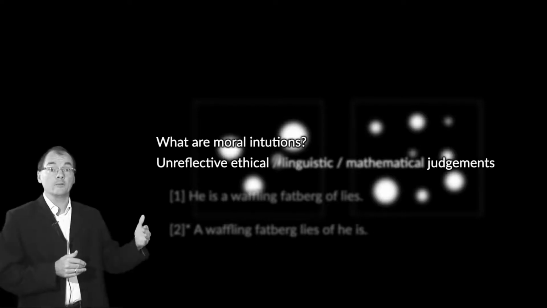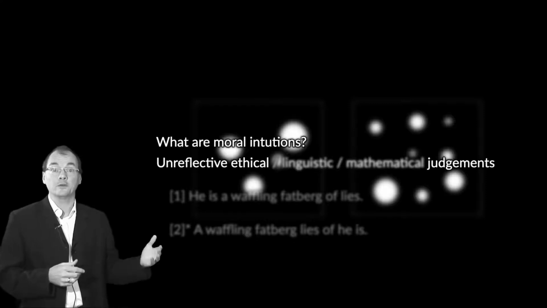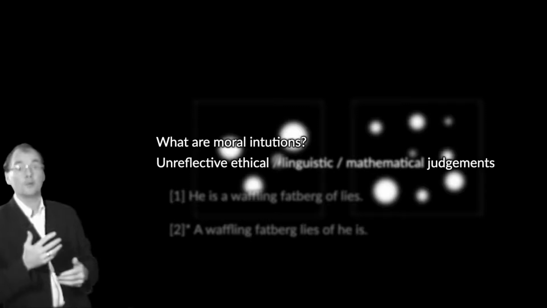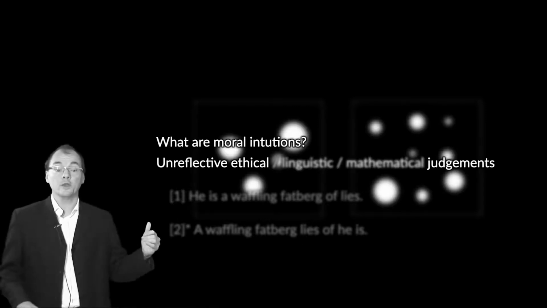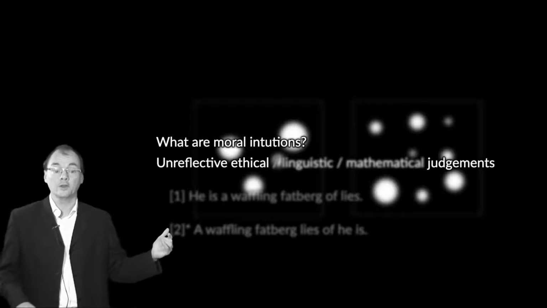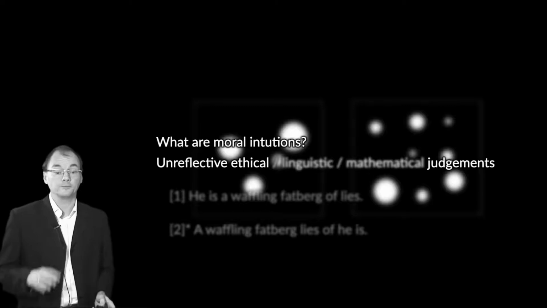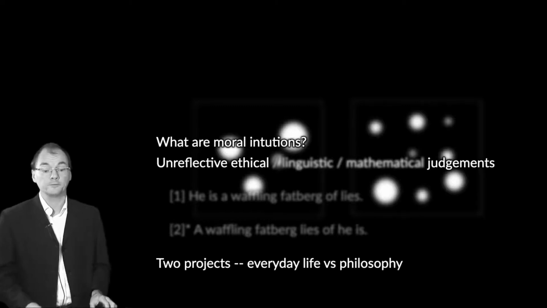Comparison with the linguistic and mathematical case suggests that there might be something special about these unreflective ethical judgments, the moral intuitions. They may be something different from things that are a process of complicated deliberation, as when the linguist gives you a theory about the structure of a sentence, or the mathematician comes up with a proof. Maybe unreflective ethical judgments are in some way similar.